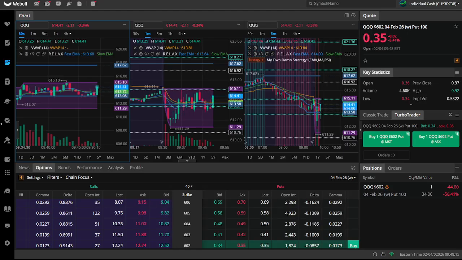I won't let the account go to zero. Let's see if it bounces off of that level, which is marked there. Maybe it breaks out of the opening range, which is the purple.